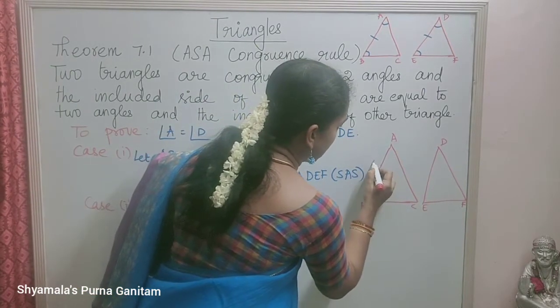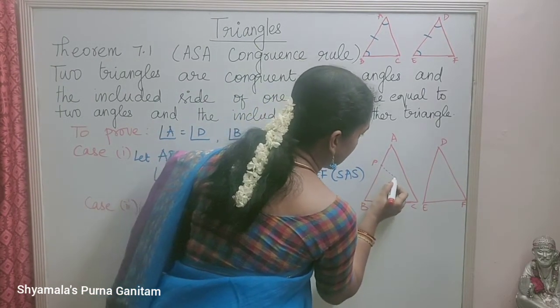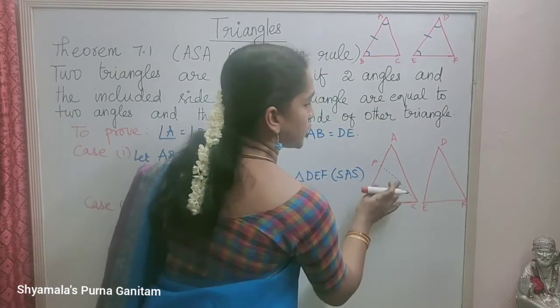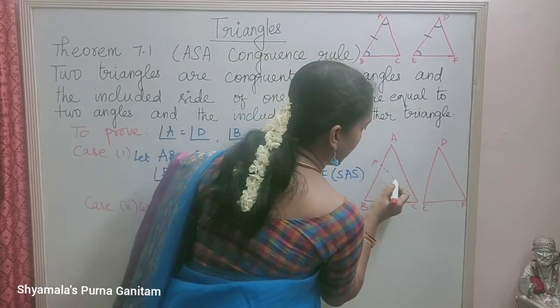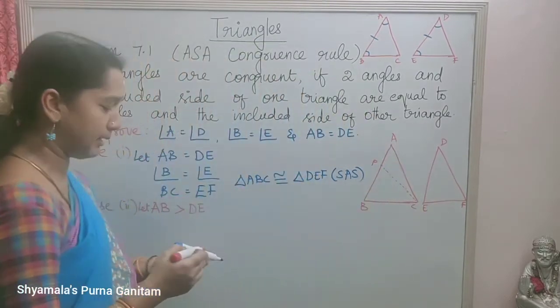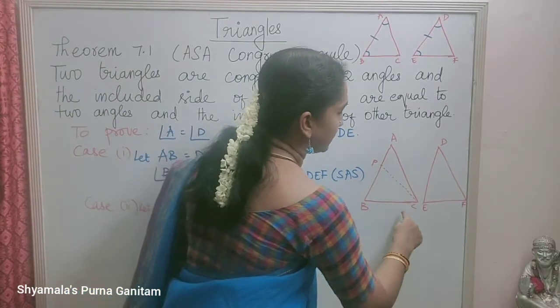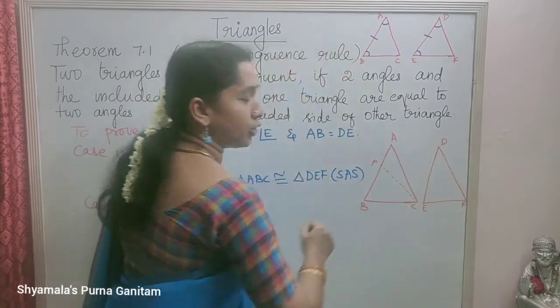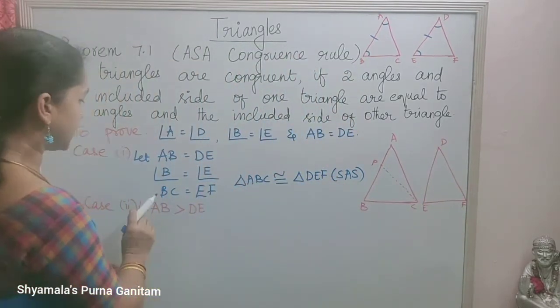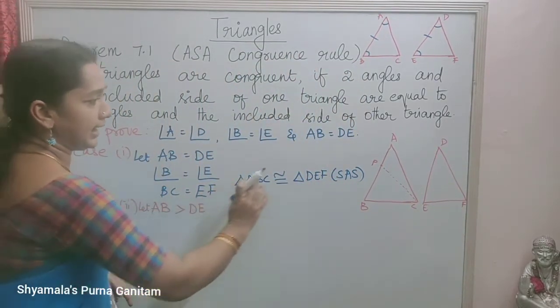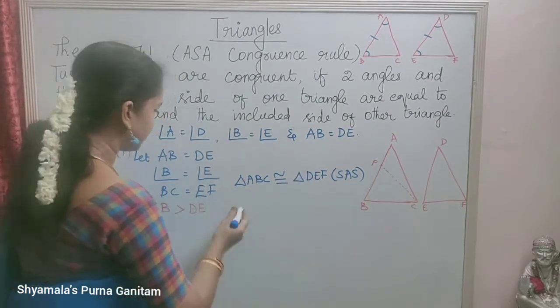So I am assuming a point P on the line segment AB. Now we have to prove that triangle PBC is congruent to triangle DEF. This is the assumption: let AB be greater than DE.